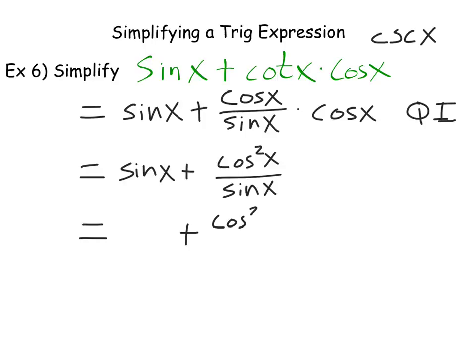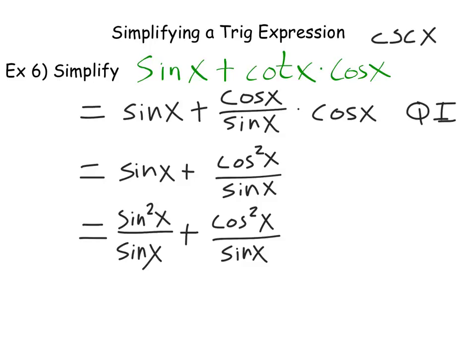The second one is a fraction. I want to add them together, except sine of x isn't written as a fraction. I need to make it one. And if I make the denominator sine of x, the numerator would have to be sine squared.